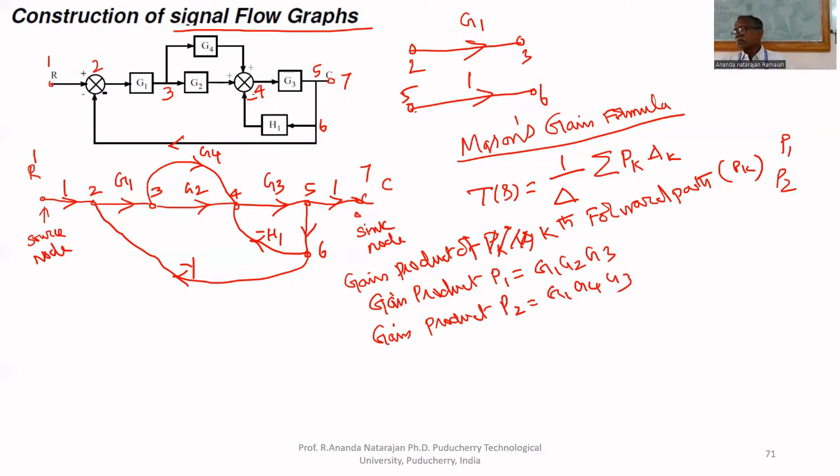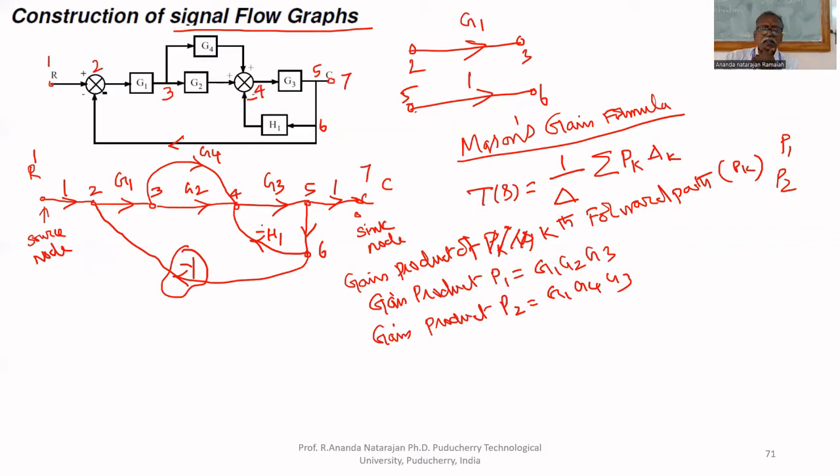That is Pk. How many Ks are there? Only 2 forward paths are there. One is G1, G2, G3. Another forward path is G1, G4, G3. To reach 1 to 7, no other forward path. This is one-way traffic. You cannot travel through this because direction is important.